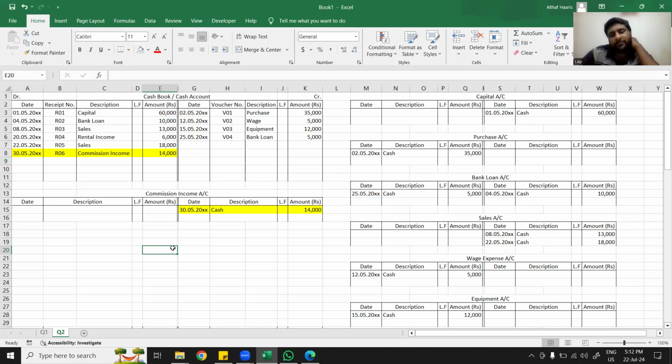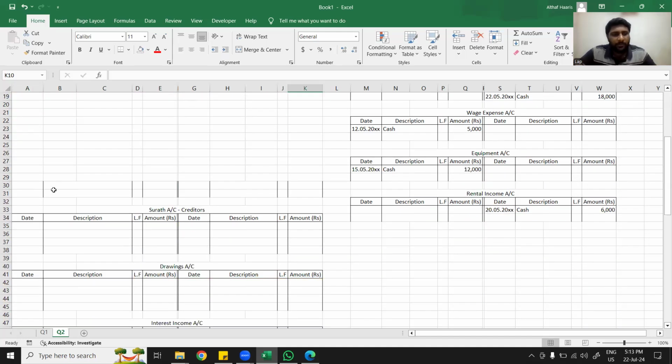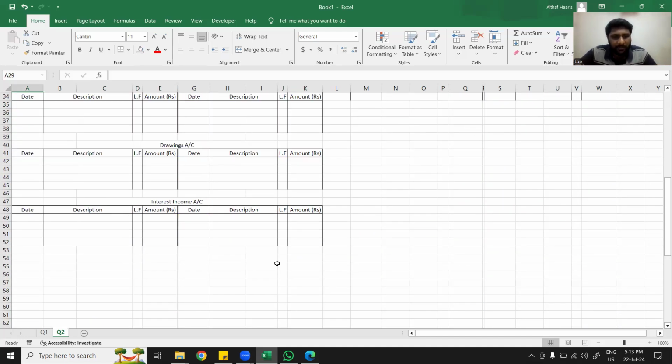Done, people? So now put the double line. Keep one line and put the double line. Find the bigger side.